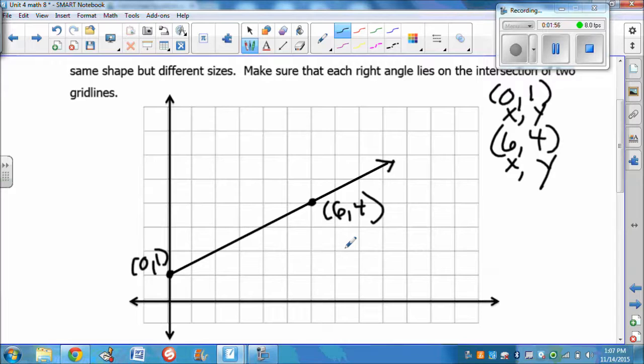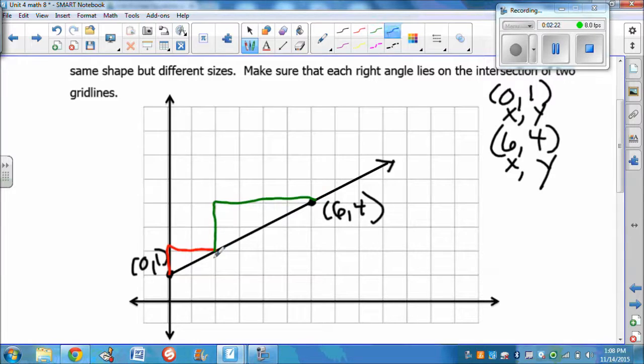So let's see how we can work that out. I'm going to start here, and I'm going to make a triangle there. So there's one that's that size. And then I think I'm going to change colors to indicate my second triangle. And there's one there.